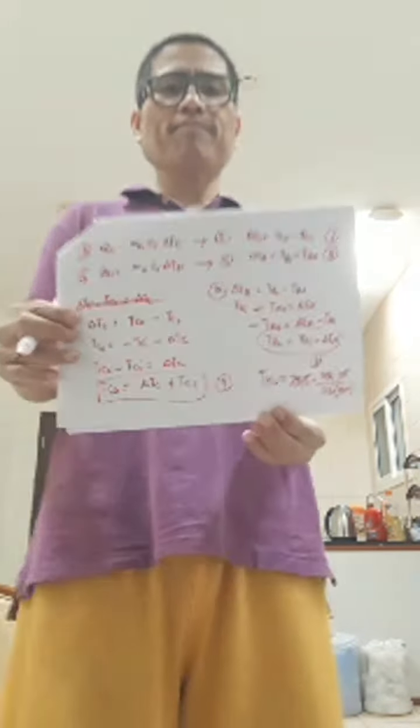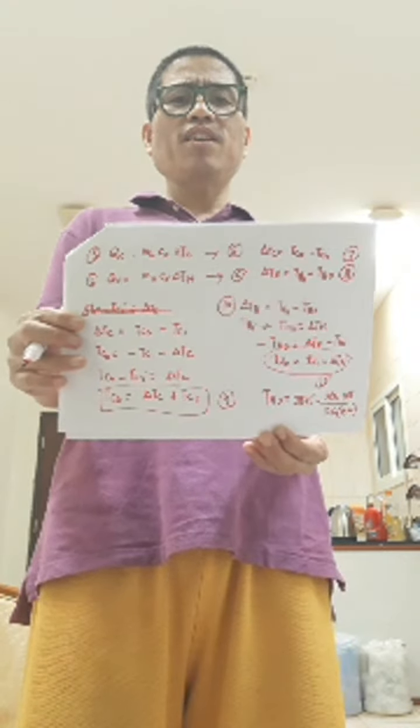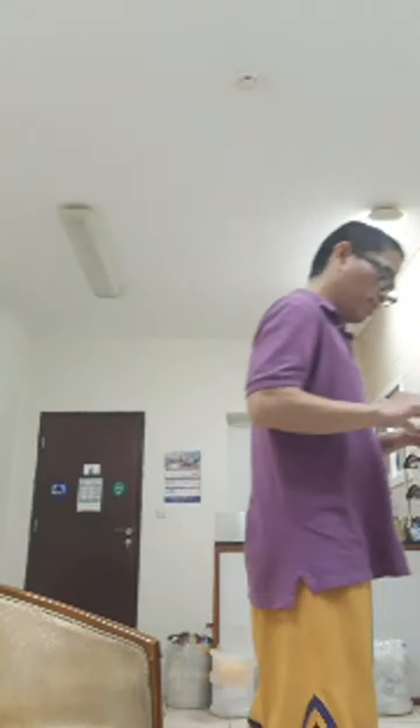Maybe you cannot understand too many numbers. So THO will be equal to 0.6 times 1,900, which is 1,140. 388,105 divided by 1,140, right?